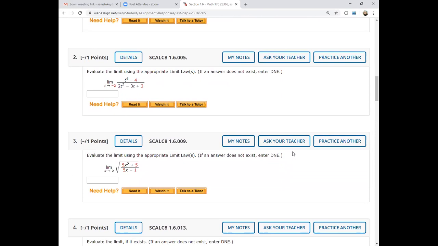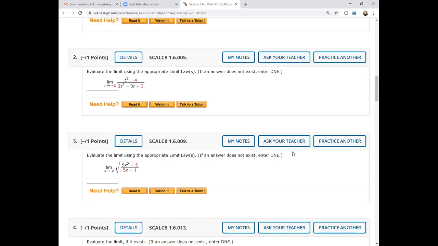Because sometimes it's not. But if it's not, sometimes you can still find the limit anyway because factors will cancel. Let me just do this really quick. The limit is like a hole in the graph.